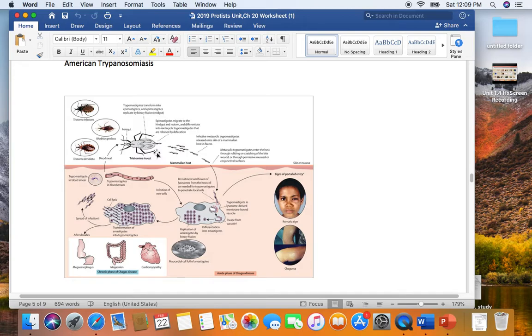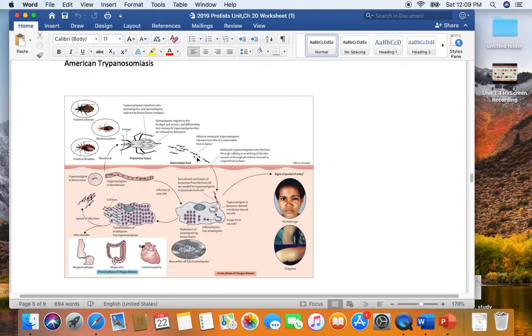They might be attracted to the carbon dioxide we're breathing out because they love to climb up onto our face and bite near our mouth or near our eyes, and that might be one reason they're called kissing bugs. They have a needle-like mouthpart, so they insert it and start sucking blood. As they're sucking the blood, if the insects themselves are infected, they'll defecate, and it's in the feces that the Trypanosoma cruzi are located. So they're not injecting the Trypanosoma as they bite us, they're defecating.